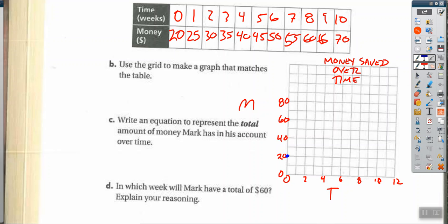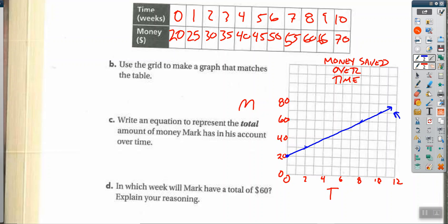And I don't have to put every dot in here, right? 2 and 30. Let me just put a slash there. Let's go with 8 and 60. 10 and 70. And then I can connect the dots. And look, it makes a straight line. Don't forget that little arrow at the end, make sure it goes on forever.